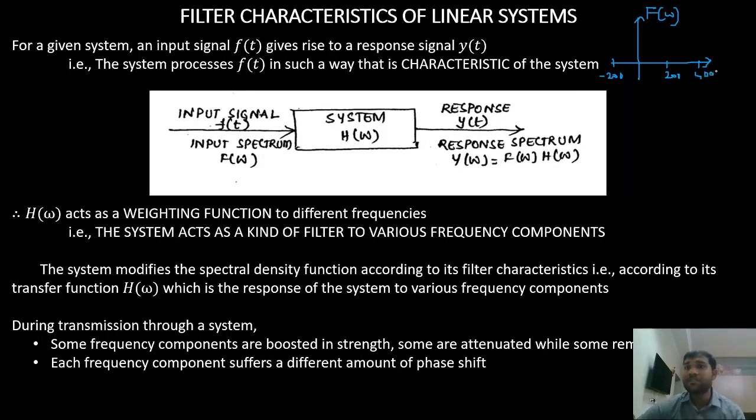These are the frequencies that are present in my f of omega. Negative 200 is there, positive 200 is there, positive 400 is also there. We are just assuming this is my input spectrum.